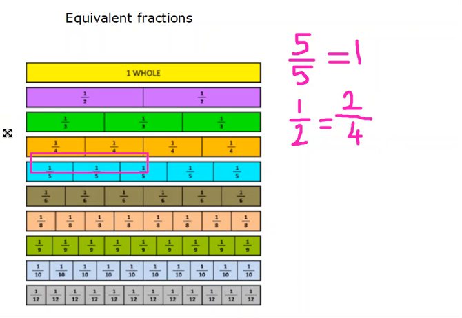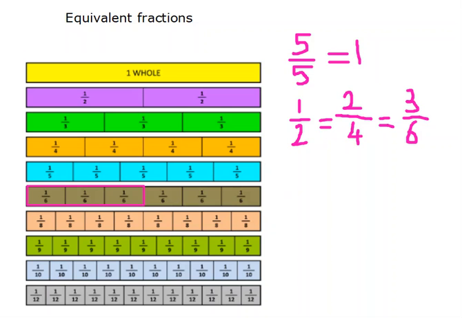So if I move it down to the fifths, I can see that it's not quite the same. But if I move it on to the sixths here, I can see that it is the same. So now I can also say that 1/2 is equal to 2/4, which is also equal to 3 over 6.